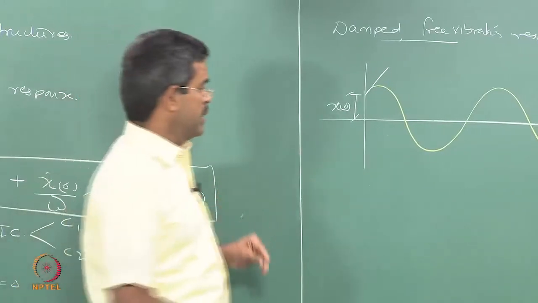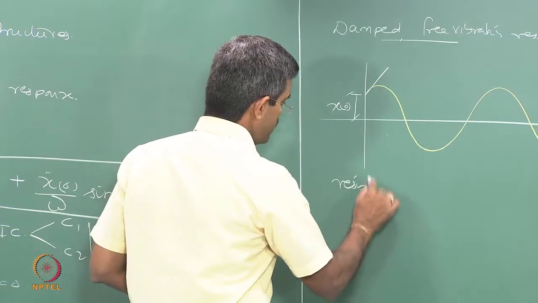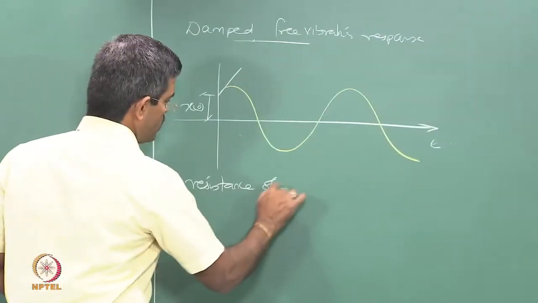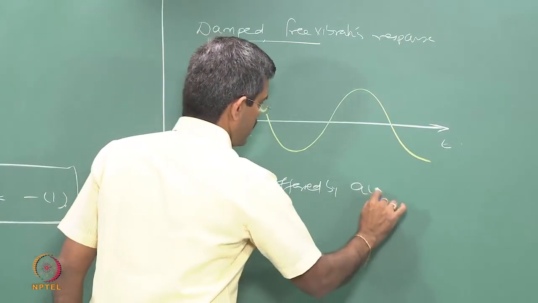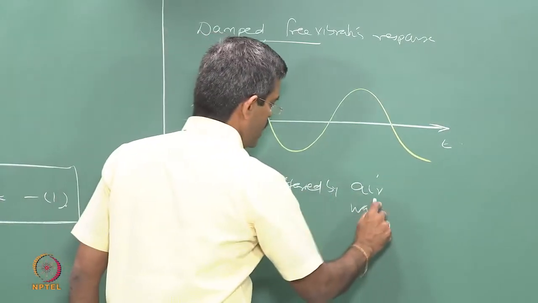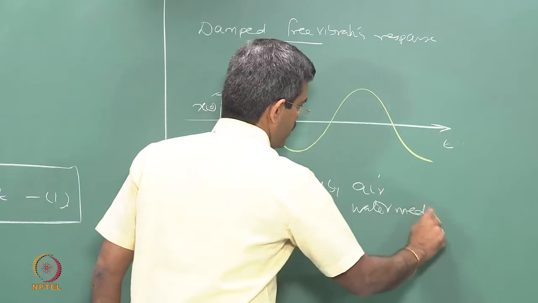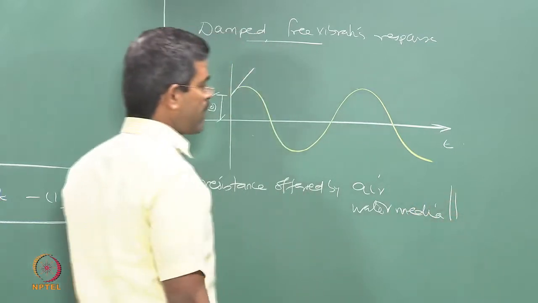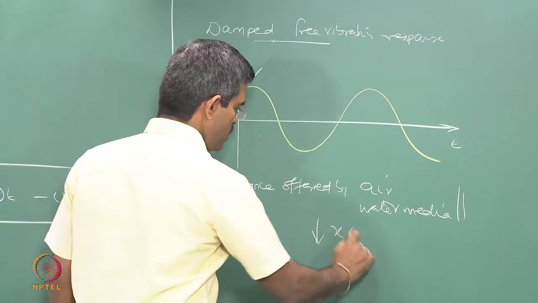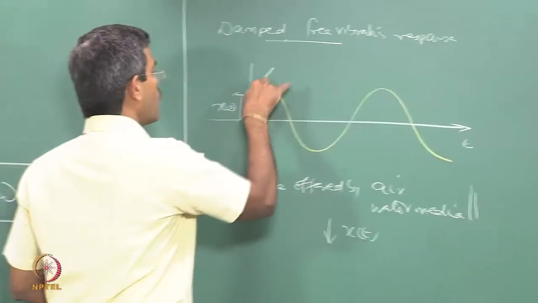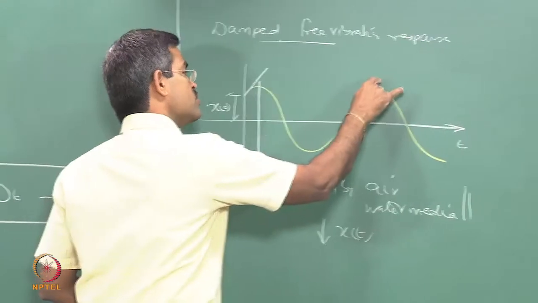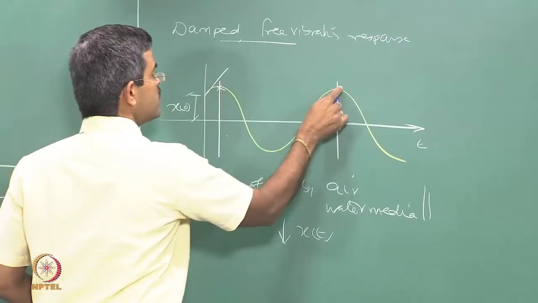Any resistance offered by air, or by water media in the case of ocean structures, will try to reduce this response, at least after n number of cycles. One cycle is from one peak to the next positive peak.